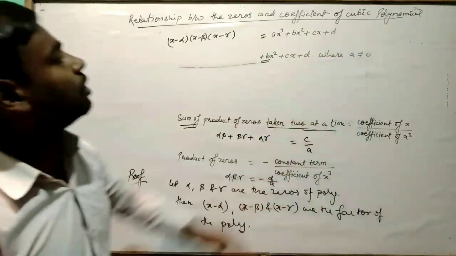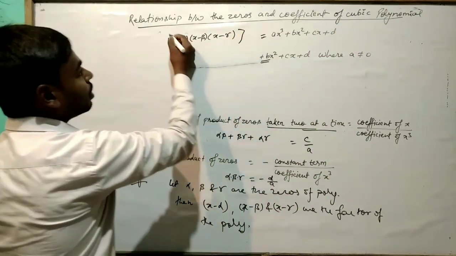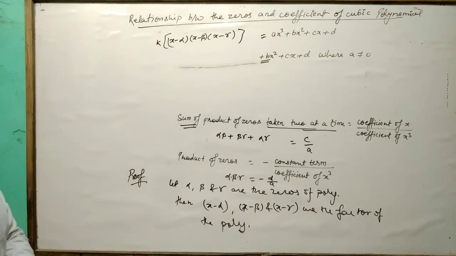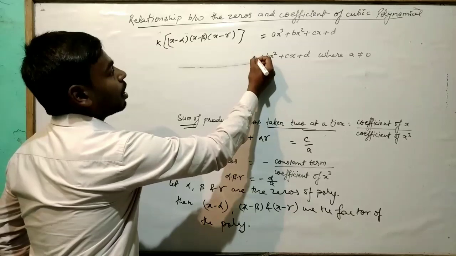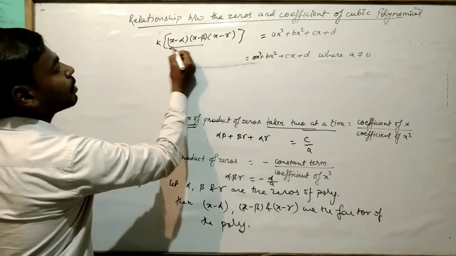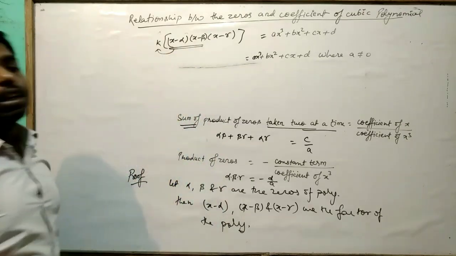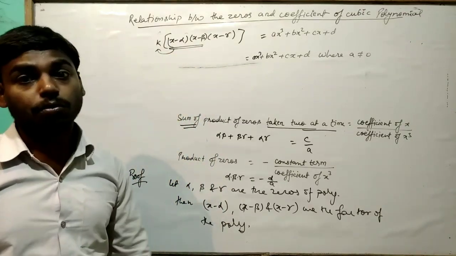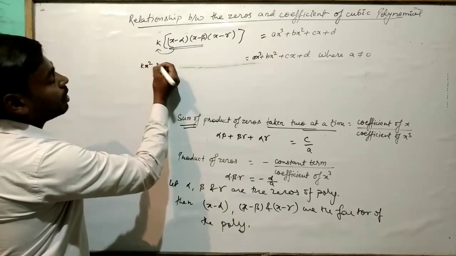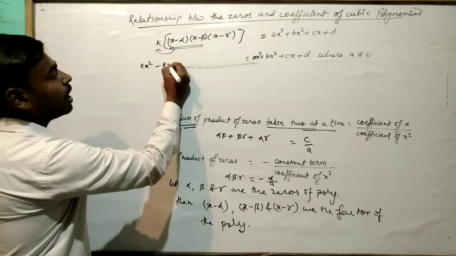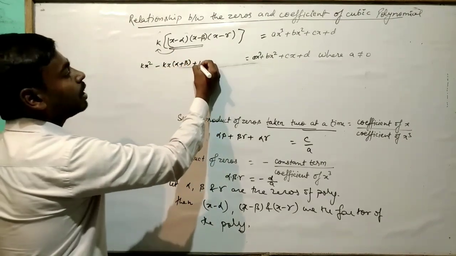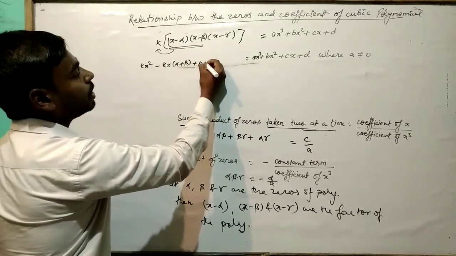And one thing: if any number comes in the denominator, then we take k as a value. We already multiplied this in the previous video, and there we get kx square minus kx into alpha plus beta plus k alpha into beta.